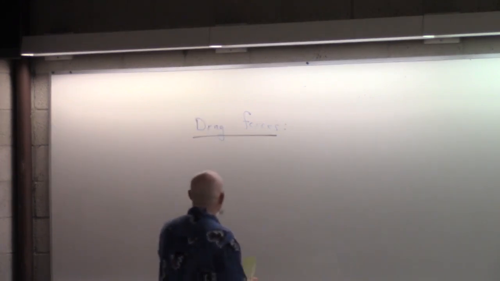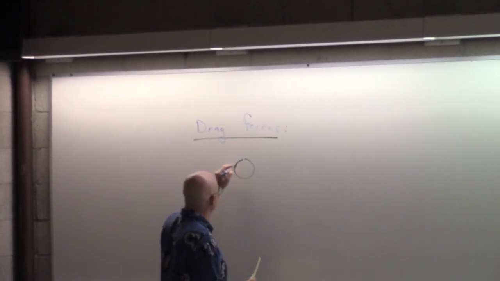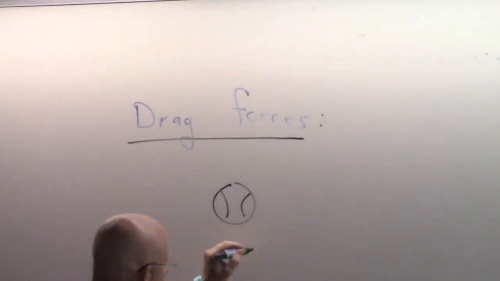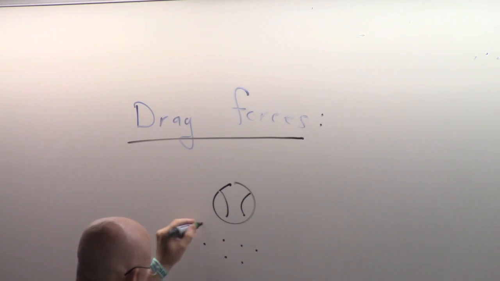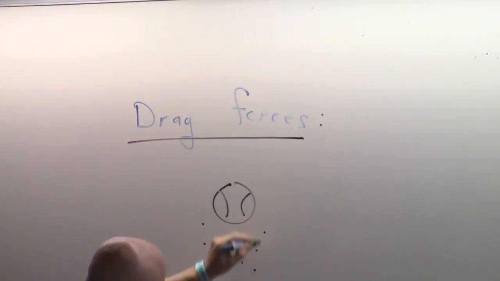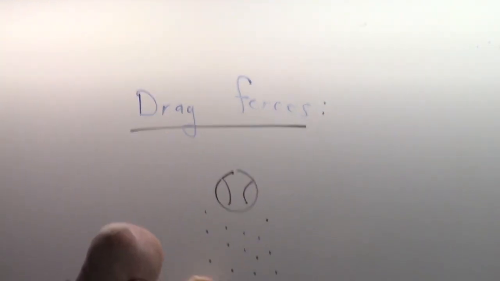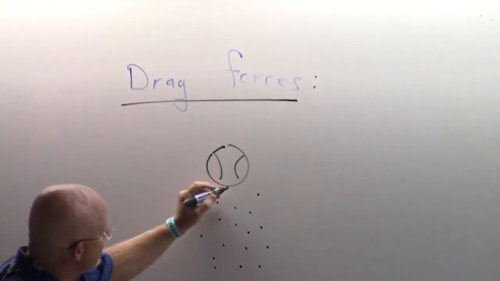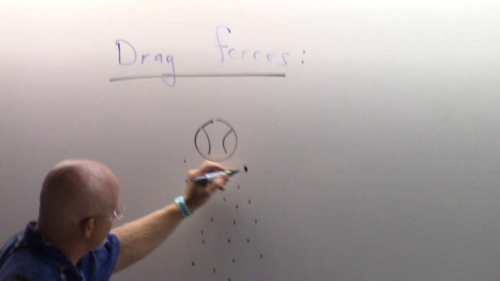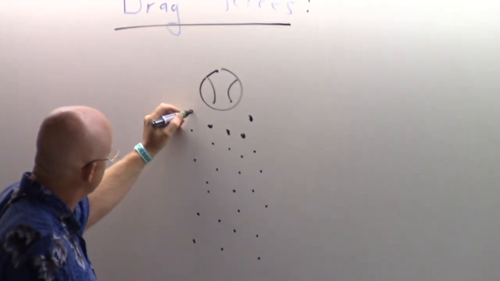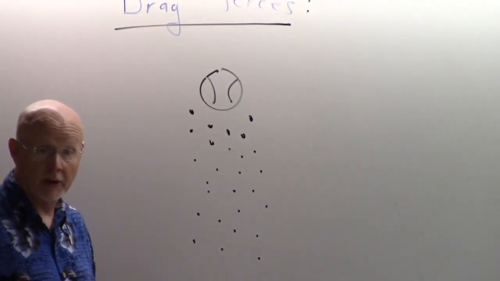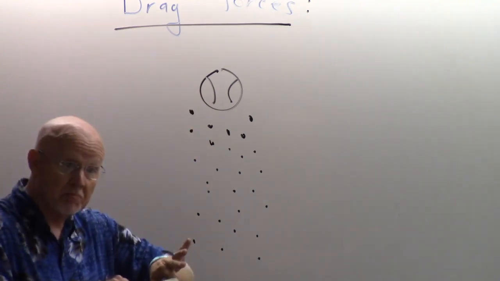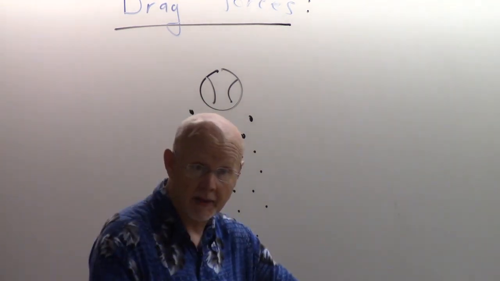This object then, and I'll just kind of do it with a ball dropped from a high height. As the ball falls, it's going to bump into molecules that make up the fluid, and so it has to push them out of the way.